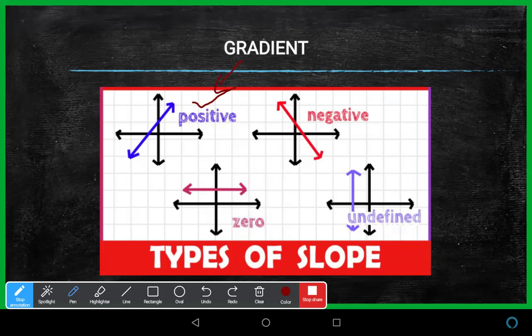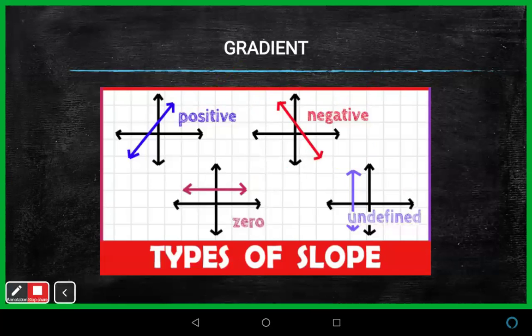In the second picture, the line is going downwards, so the gradient will be negative. We already did the horizontal line, where the gradient is equal to 0, and vertical is undefined, or we can say infinity. You have to remember these types of slope, and you need to know this basic concept of gradient.